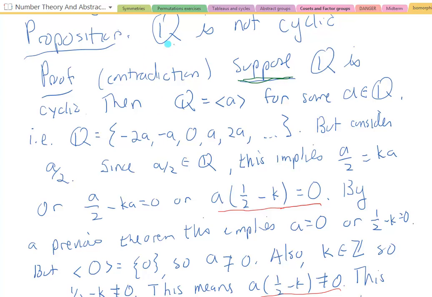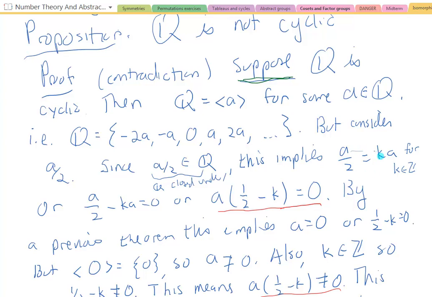Now, since the rationals are closed under division, then A over 2 is in Q. Now, this implies that A over 2 must be some integer times A, for K in Z. Since A over 2 is in Q, this implies that A over 2 is equal to KA for some K in Z, because A over 2 must be in this list somewhere.